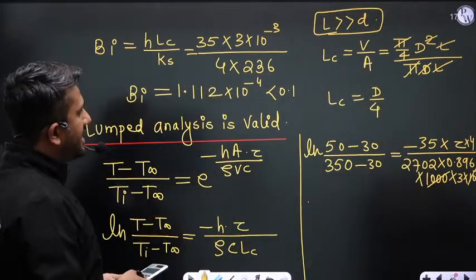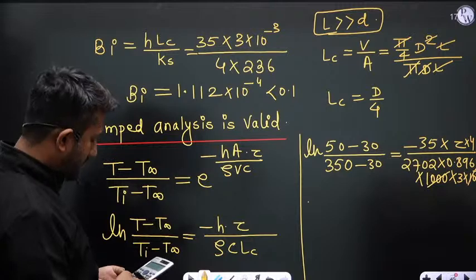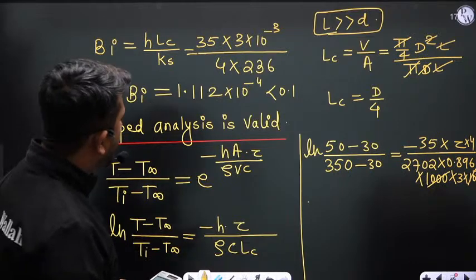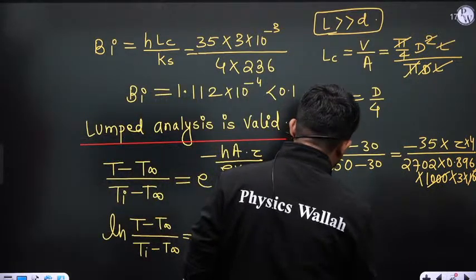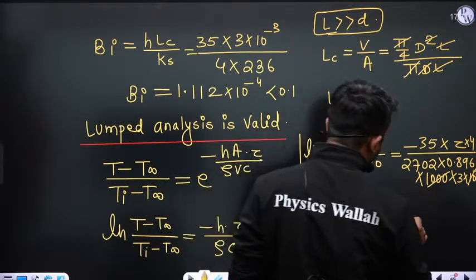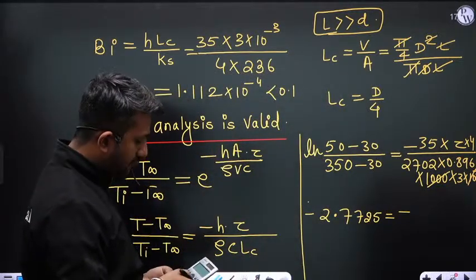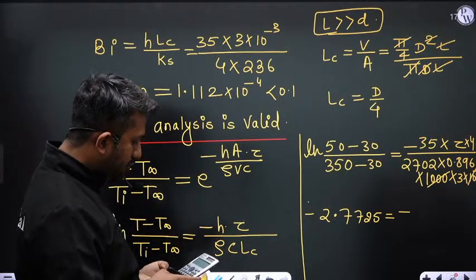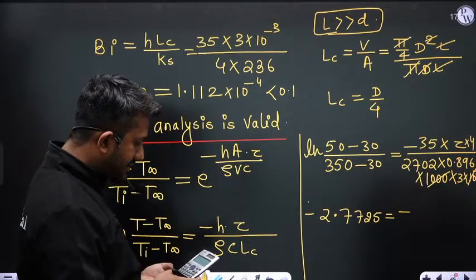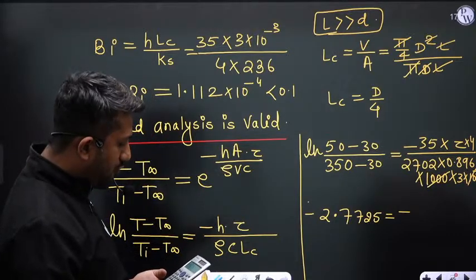So first calculate the time. So this is ln of 20 divided by 320, so this is minus 2.7725 is equal to minus 35 into 4, 2702 into 0.896 into 3.